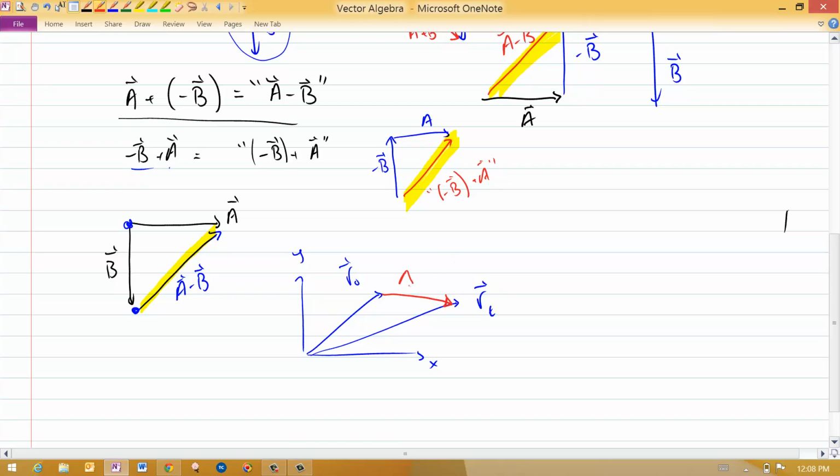That is what the delta r is. And from this construction, we see that delta r is exactly the same thing as r of t minus r of 0. It's the same construction here. We've got the two vectors from the common origin, and the difference vector is the one that takes you from where you began to where you wind up.